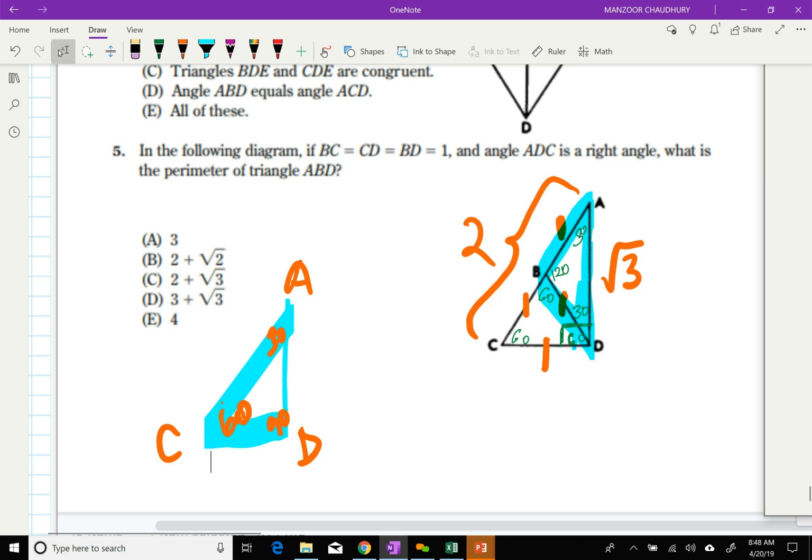When two angles are equal, opposite sides are equal. This is like an isosceles triangle. Even if you did not know that, it would not matter. You could still find that the long side is 2 because it's a special 30, 60, 90 triangle.